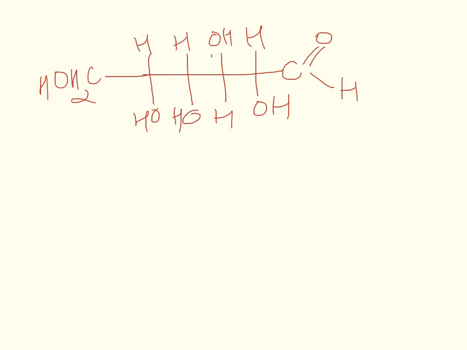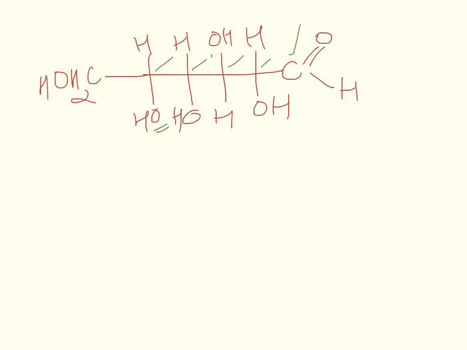Okay, so now this horizontal chain will get folded into a 6-membered ring. So what I'm going to do now is fold the horizontal carbon chain into a hexagon. With 1, 2, 3, 4, 5, 6, I'm going to draw a 6-membered ring.